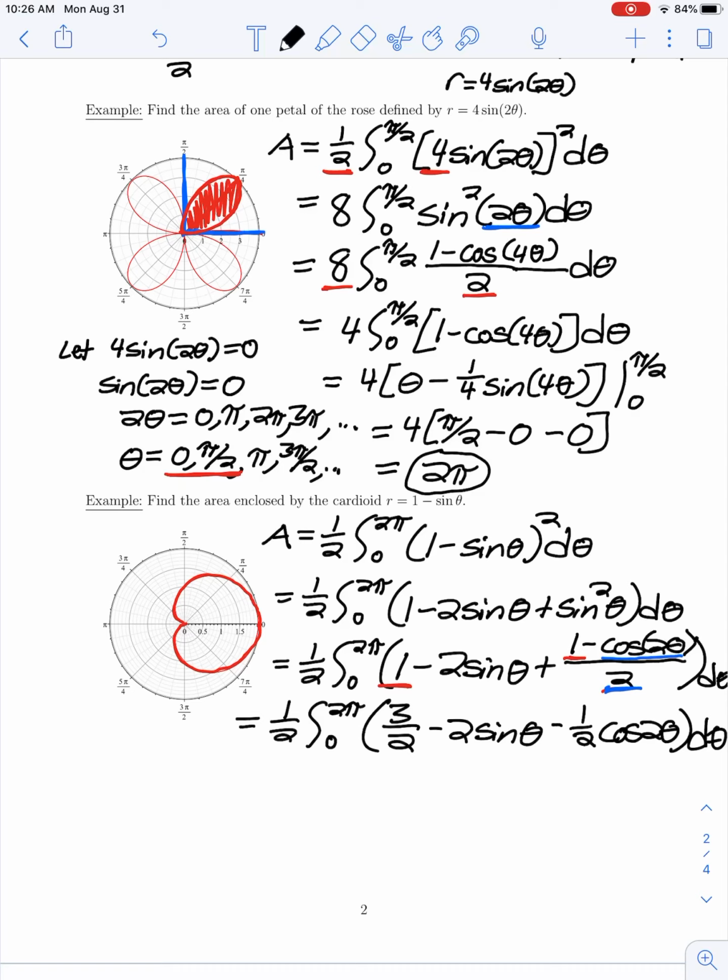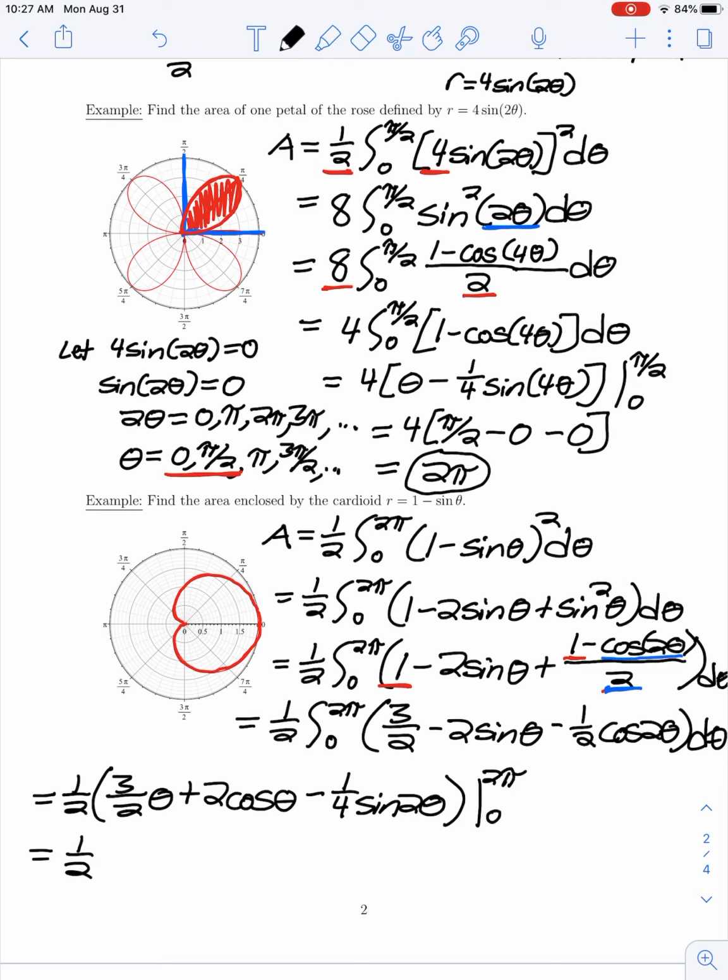So at this stage, I'm ready to find my antiderivative. I still have a constant of 1/2 out in front, and my antiderivative will be 3/2 theta. The antiderivative of negative 2 sine theta would be a positive 2 cosine theta. And the antiderivative of the negative 1/2 cosine of 2 theta is negative 1/4 sine of 2 theta, which we're then evaluating from 0 to 2 pi.